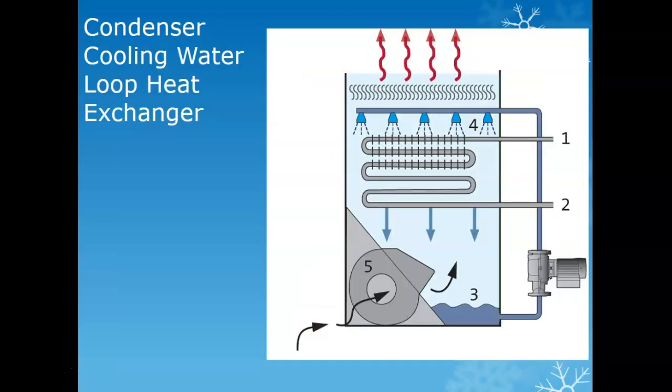Then you have your condenser water loop. Again, there's some units that they actually spray water on these to act kind of like your sweat, right? Because what does water do? Water is a great heat exchanger. Y'all know that? Water likes to pull heat and it likes to dissipate it.